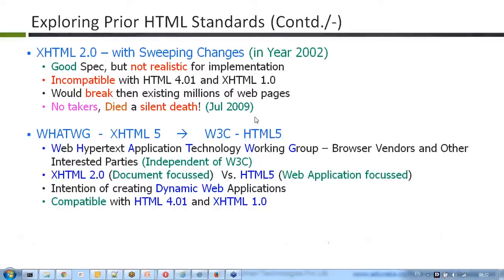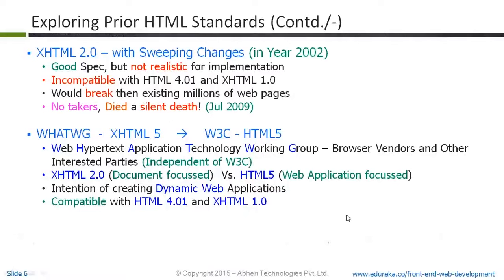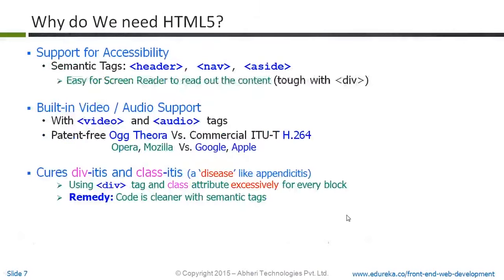They made HTML5 compatible with HTML 4.01 and XHTML 1.0. Because of this, there were a lot of takers. Almost all of them adopted HTML5. The only thing is HTML5 is a very exhaustive standard, and they're taking time to implement it.